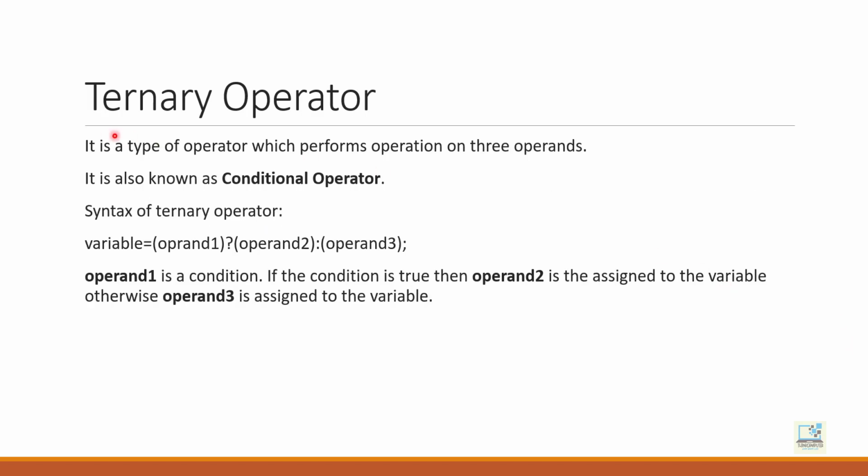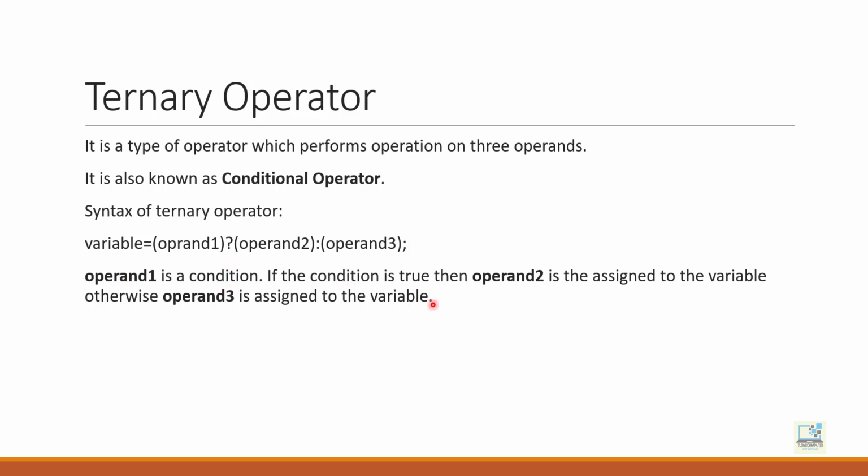Next is ternary operator. It is a type of operator which performs operation on three operands. It is also known as conditional operator. Syntax of ternary operator is operand 1 ? operand 2 : operand 3;. So normally the operand 1 is a condition.